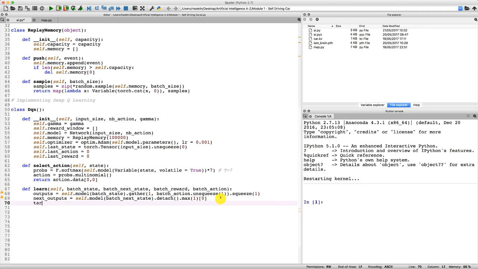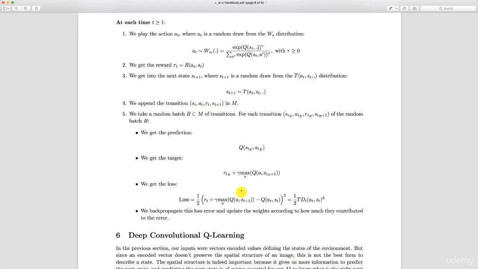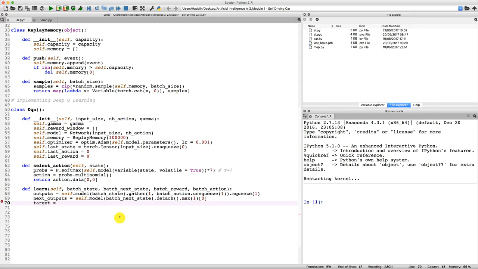So there we go, target equals, now let's get back to our AI handbook. The target is equal to the reward plus gamma times the next output, that is the maximum of the Q values of the next state according to the actions. So there we go, let's compute that. So that is equal to self.gamma, and self.gamma was initialized here.